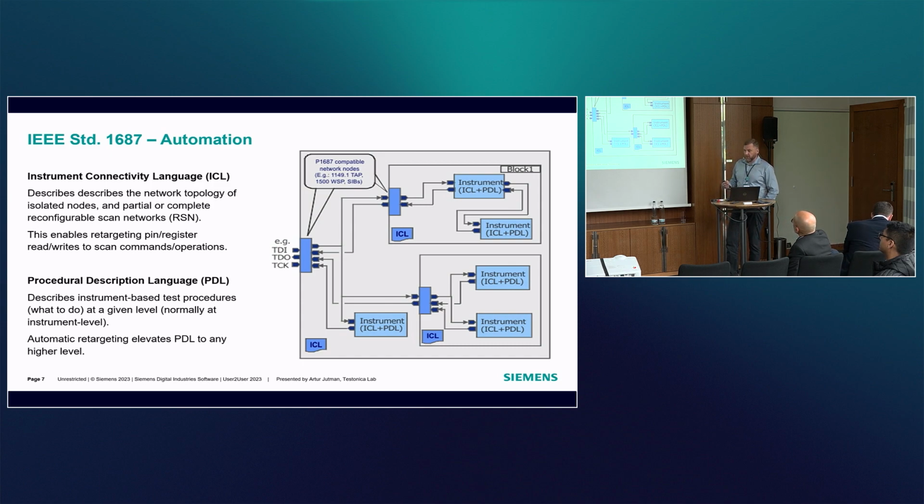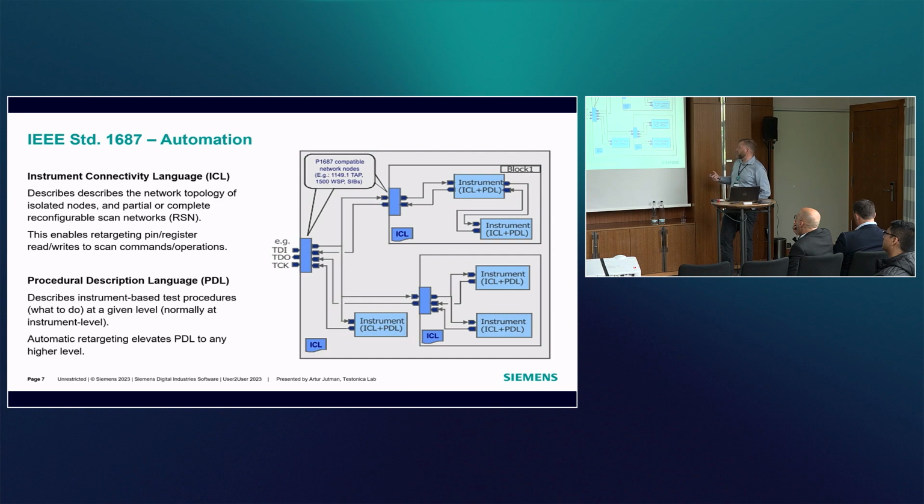There is automation behind it which would collect all the subchains together in the top level chain, and the PDL, procedural description language, that normally describes the test procedures or control procedures for a particular instrument locally.